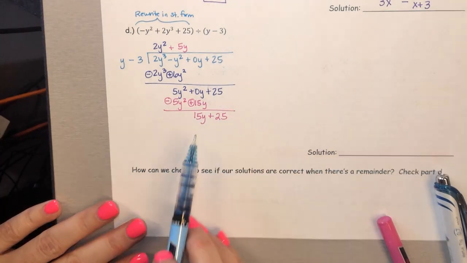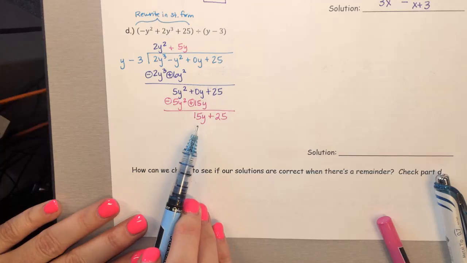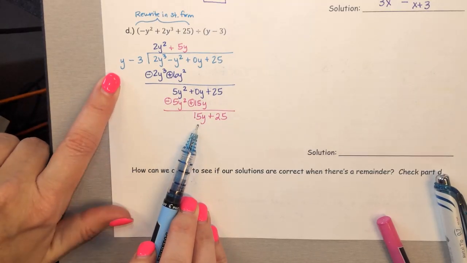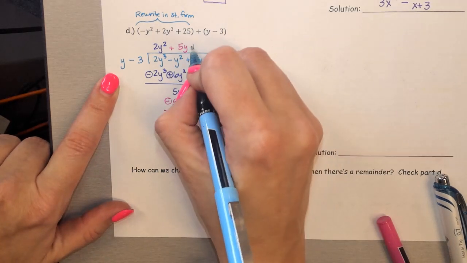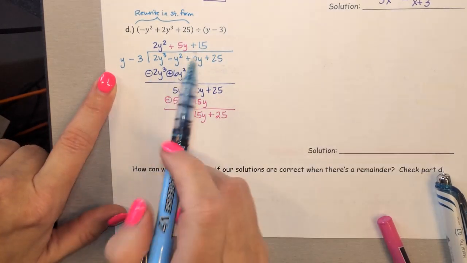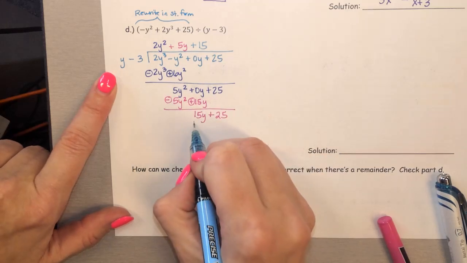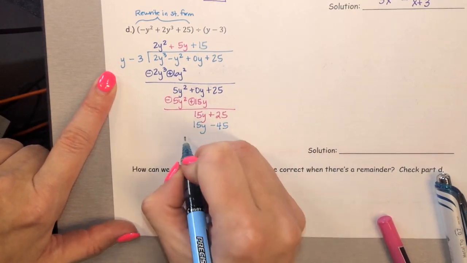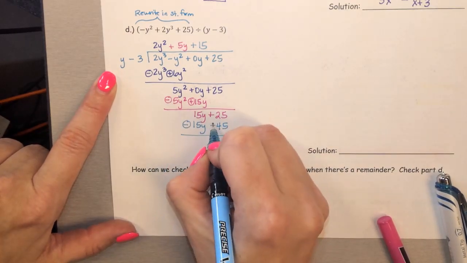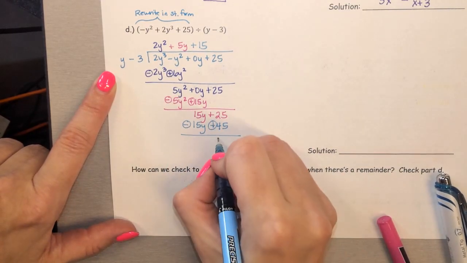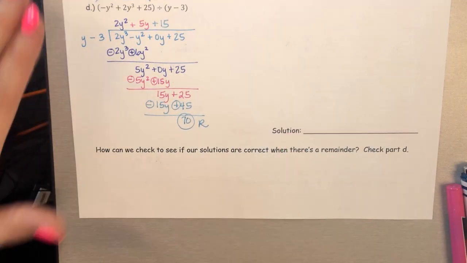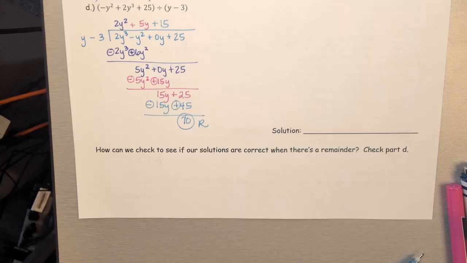Okay, so once we get here, we're just going to divide 15y by y. So what's that? 15, yeah. And once you do that, we're going to distribute 15 times y, 15 times negative 3, and then we change the sign. Okay, this is your remainder, and then I want you to write your solution.